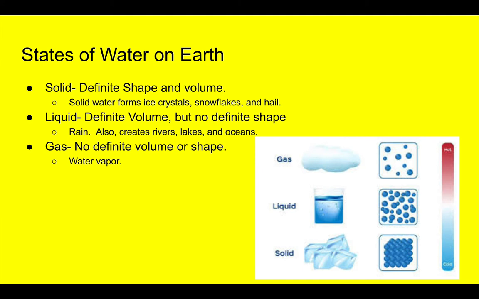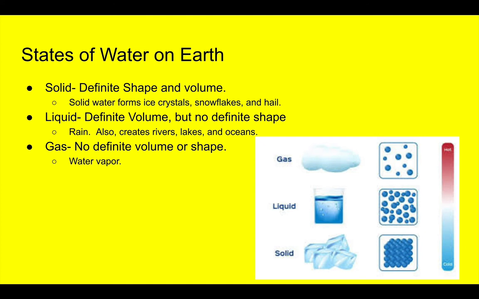A gas is not going to have a definite shape and not going to have a definite volume. That is the example that is up a little bit higher. Because it doesn't have a definite shape and a definite volume, the molecules are going to continue to spread further apart. And remember, we're talking about molecules of oxygen and hydrogen, if we're talking about water, so H2O, those molecules are what we're referencing.